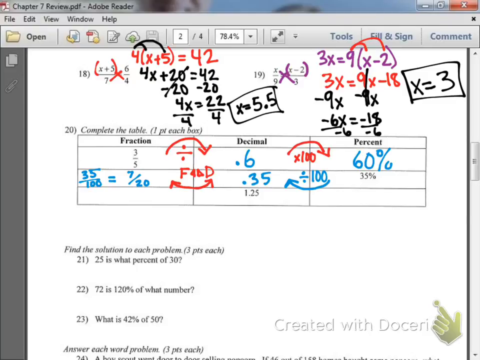All right, we'll go on to the next one. What's 1.25 as a percent? 125%. Good. What is 1.25 as a fraction? It'd be 125 over what? Careful, how many numbers are after the decimal?